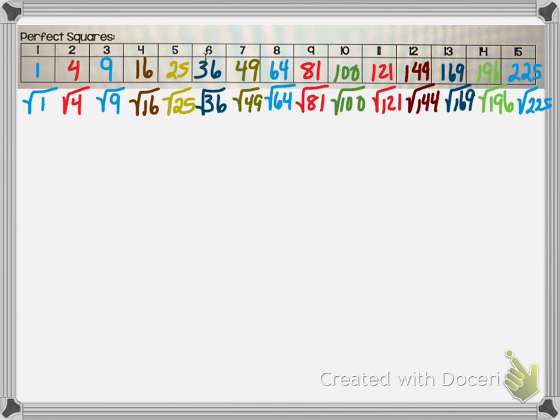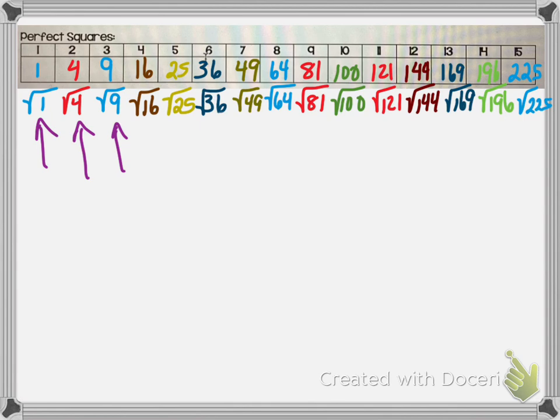So these are perfect squares. If I had radical 1, that is a perfect square, which comes out as a 1. Radical 4 is a perfect square that comes out as a 2. A 9 is a perfect square that comes out as a 3, and so on.